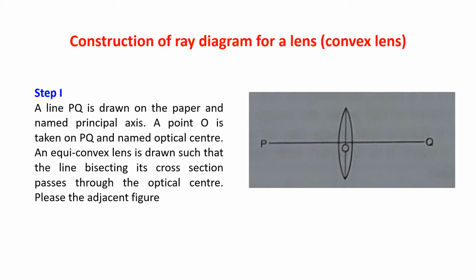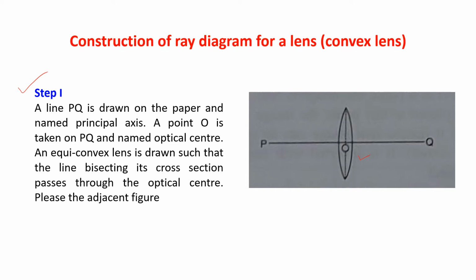Construction of a ray diagram for a convex lens. Step 1: a line PQ is drawn on the paper and named the principal axis. A point O is taken on the line PQ and named the optical center.